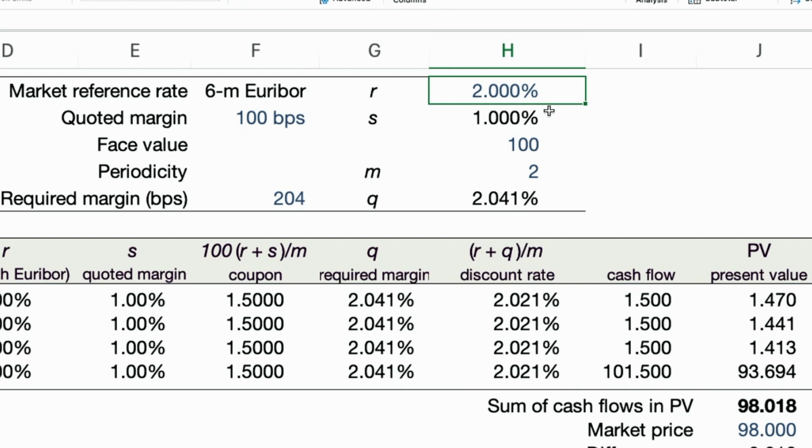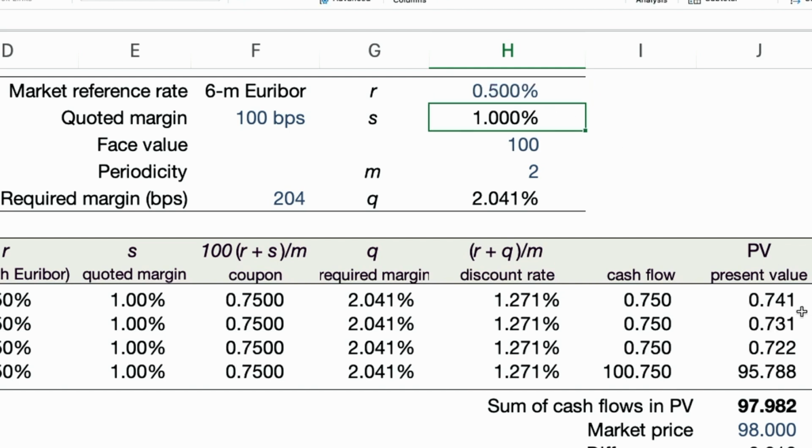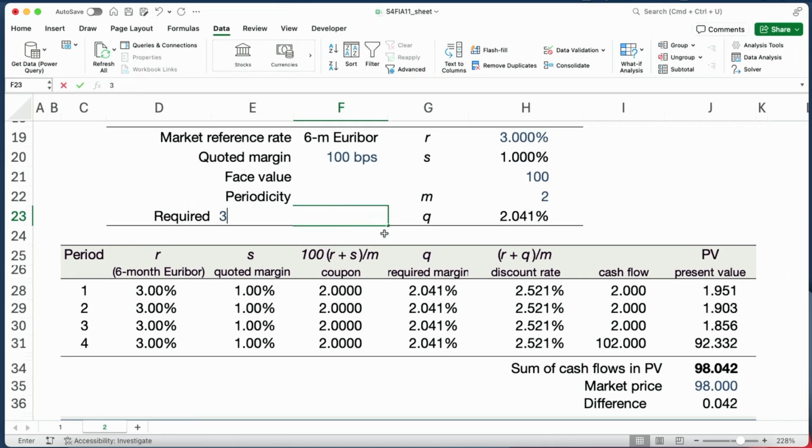Floating rate notes are less sensitive to interest rate fluctuations. And the reason is that when interest rates change, the floater coupons change in the same direction. If rates go up, then the coupon goes up. If rates go down, the coupons go down as well. If you change the required rate instead, if you raise it, the sum decreases and vice versa.